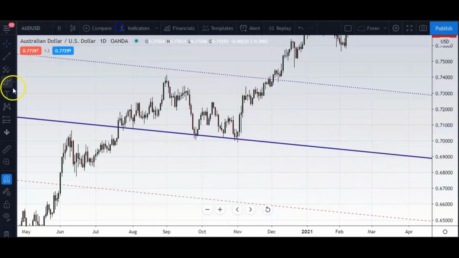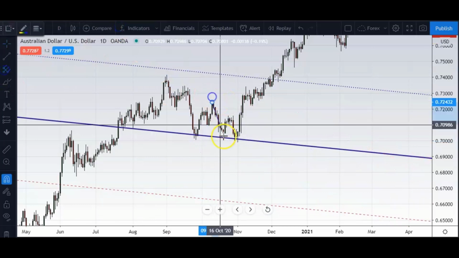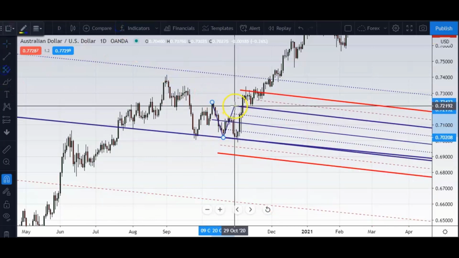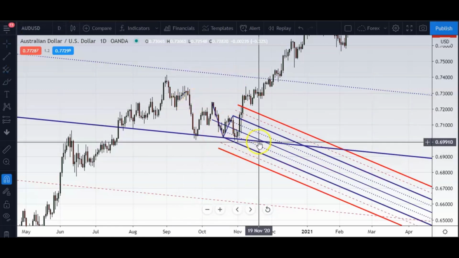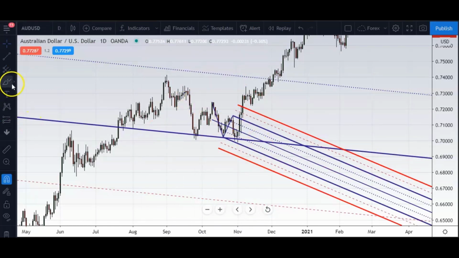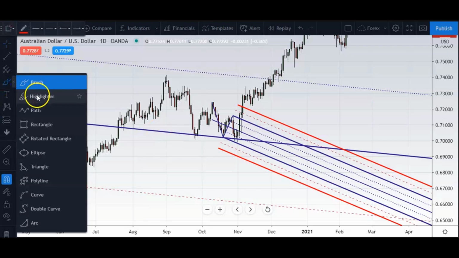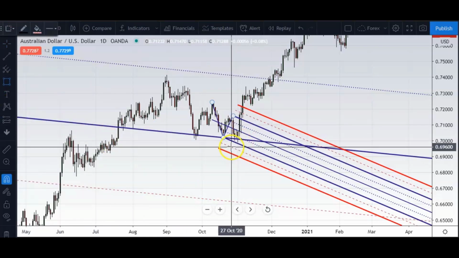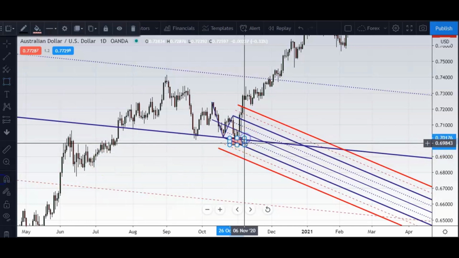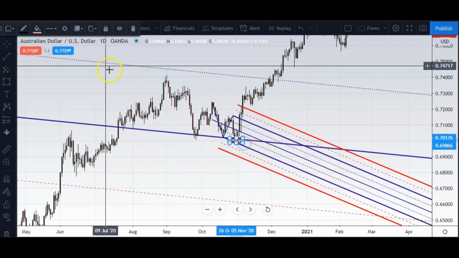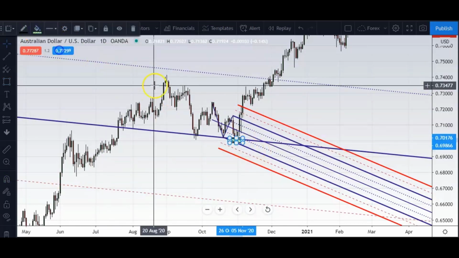So in many cases, what you want to do is slope another smaller pitchfork over the second ABC and figure out where you can find a confluence or an area where longer term time frames and your shorter term time frame market geometry areas cross, which gave a pretty decent buy zone over there.